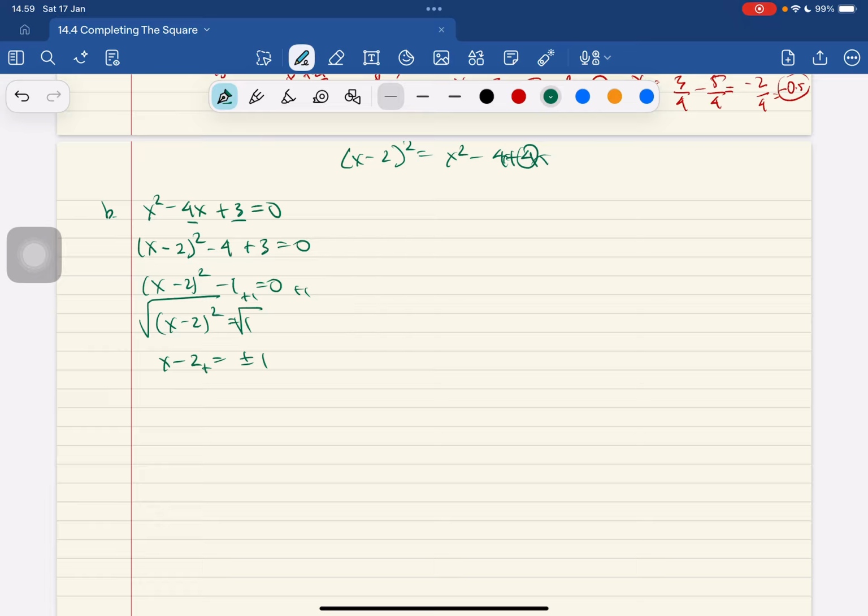To get rid of minus 2 on the left side, we plus 2. So x equal to 2 plus minus 1. So x1, we got 2 plus 1, which is 3. Then x2 equal to 2 minus 1 equal to 1. We got two answers. Next, let us proceed to C.